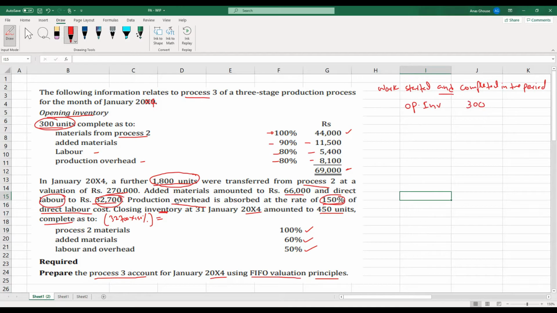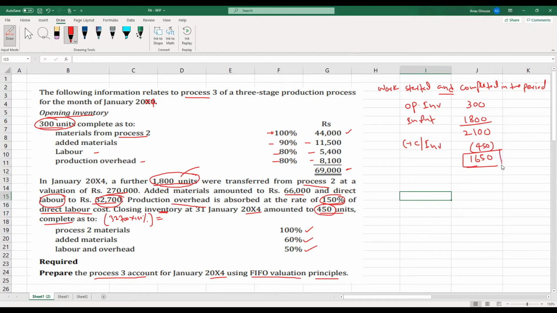Then we have input to the process is 1,800. So total will be 2,100. Then we have to deduct the closing inventory. Closing inventory value is 450. Once you deduct this, you will have completed units 1,650. Work started and completed in the period is 1,650.